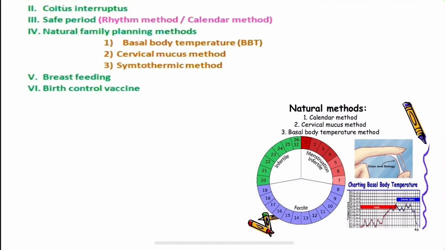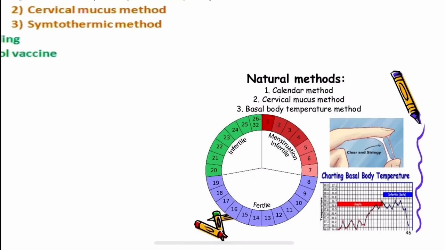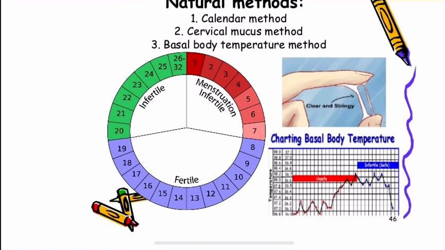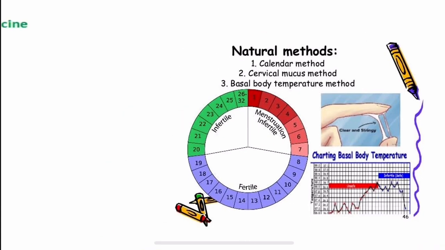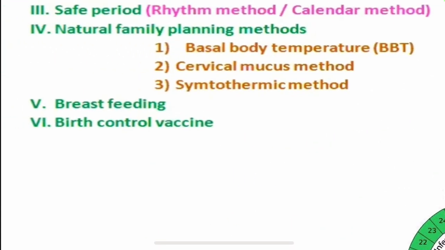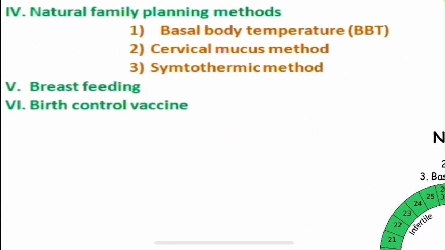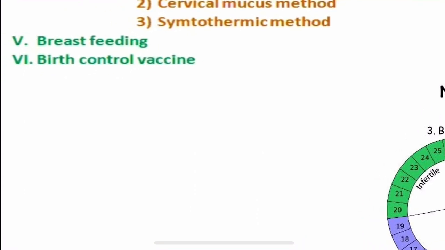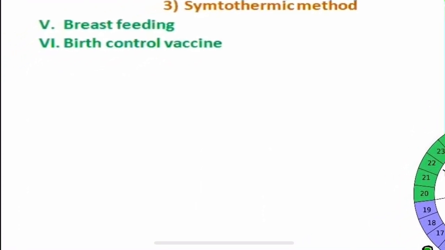And then we also have the natural family planning methods like the basal body temperature, cervical mucus method, and symptothermic method. All of these will be dealt with in detail. For now, remember the names under the classification: natural family planning, basal body temperature, cervical mucus, and symptothermic method.